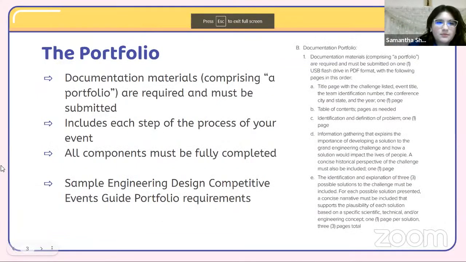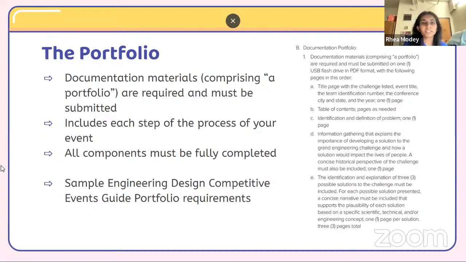All right, so the portfolio has a bunch of documentation materials, and these are required for each event. It basically has the process in which you should submit your materials. Each of these components must be fully completed in order for you to get the most points possible. They are pretty descriptive.